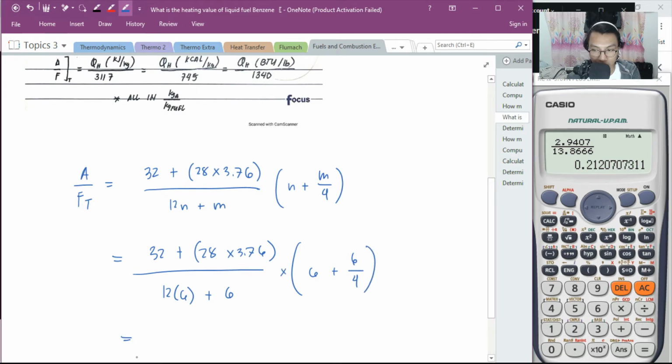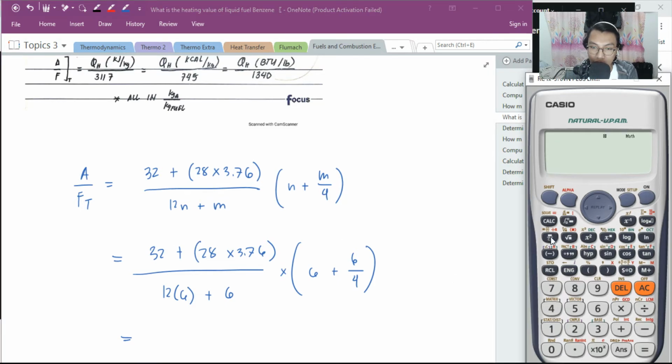Ano yung air fuel theoretical? That is 32 plus 28 times 3.76. Okay, 12 times 6.